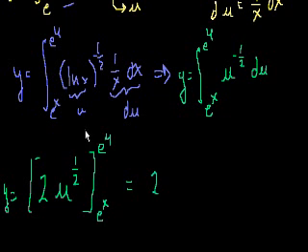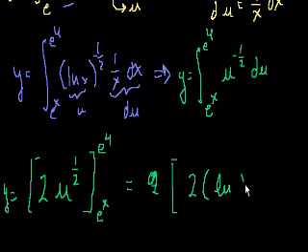Oh, sorry, I forgot. I have to remake my substitution because this is in terms of x, while this is in terms of u. What was u? u was the natural log of x, right? So this is equal to 2 times the natural log of x to the 1/2 power.